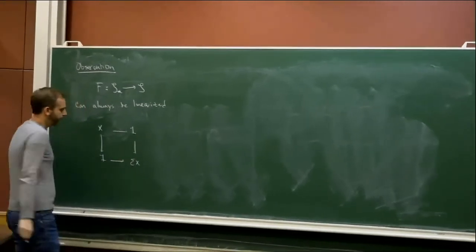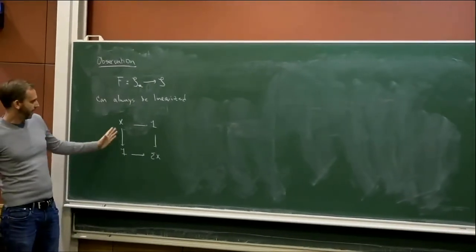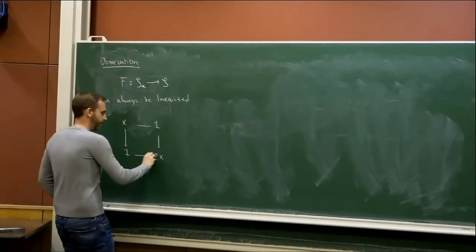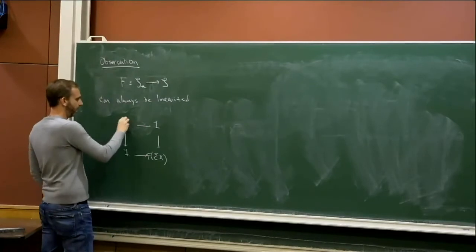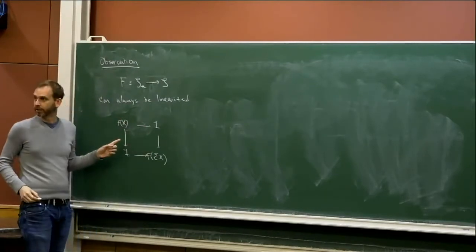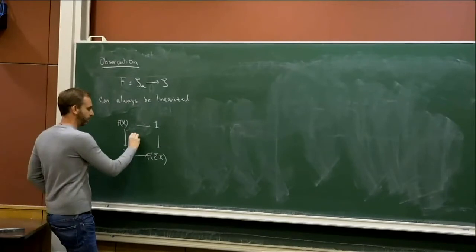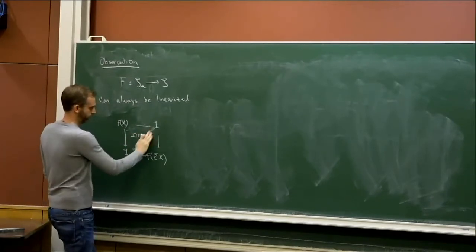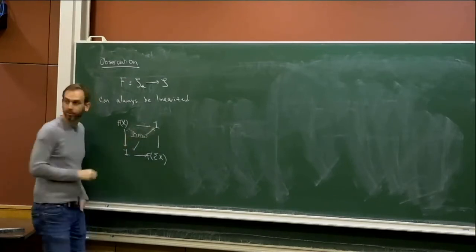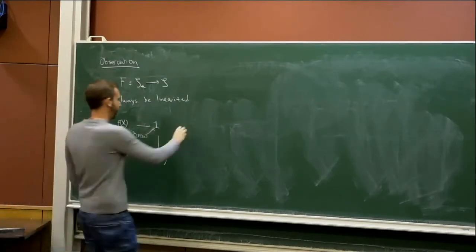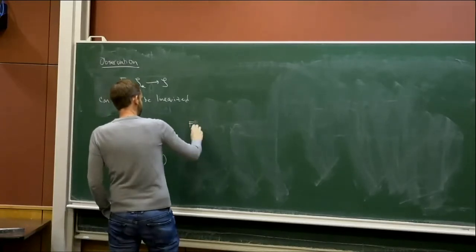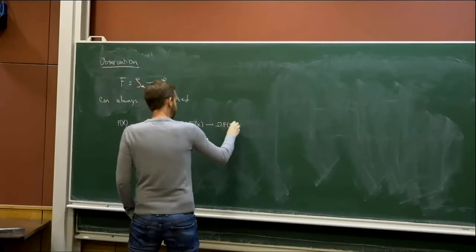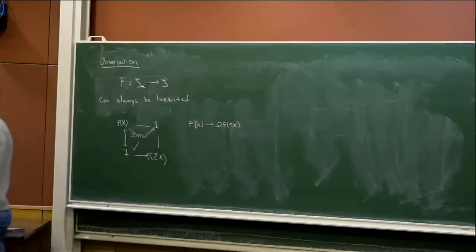Now, if you give me f and I apply f to this square, it may not at all be the case that this thing is a pullback. But I can take its pullback, f sigma x, and I get this canonical map right here. So I always get this map from any f. This map always exists. It just may not be an equivalence in general.